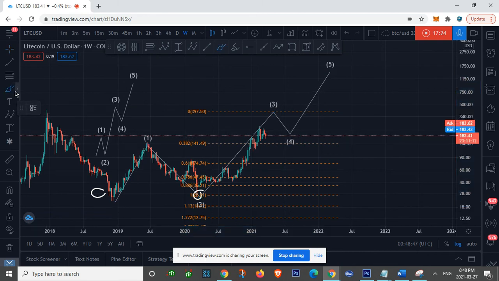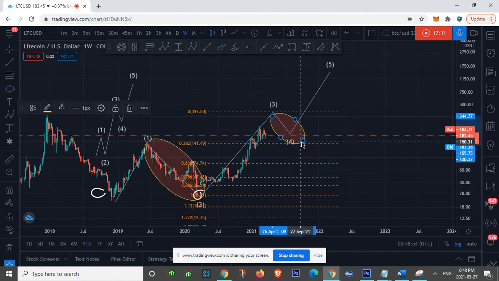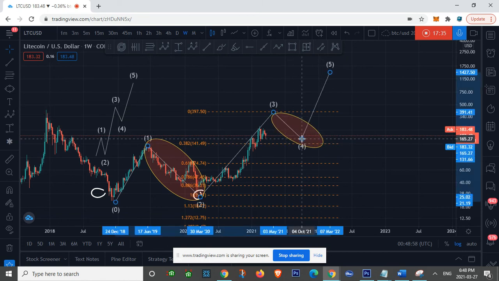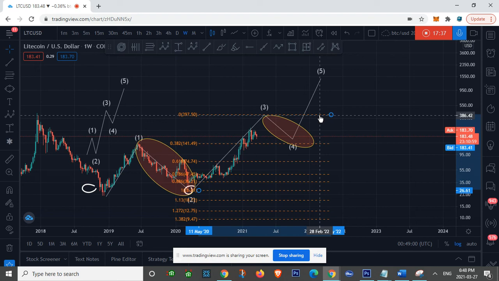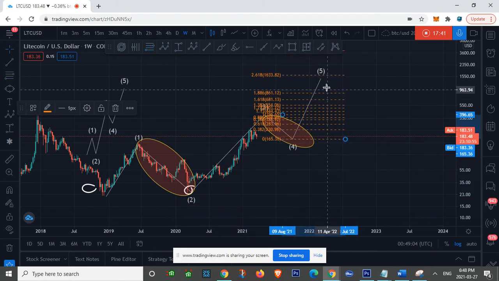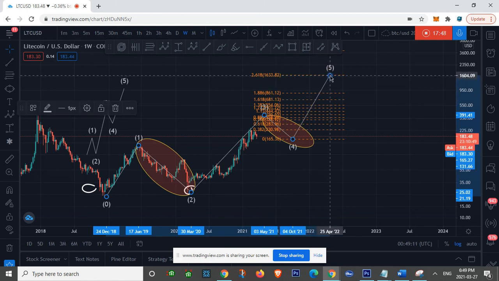So no, it's not going to be that deep, as we mentioned, Nick. It's going to be a shallow retrace, and it shouldn't be as long as wave number 2. And then up we go for that last 5th wave. That should take us to around 1.618. Unless extended, then you're looking at 1600.